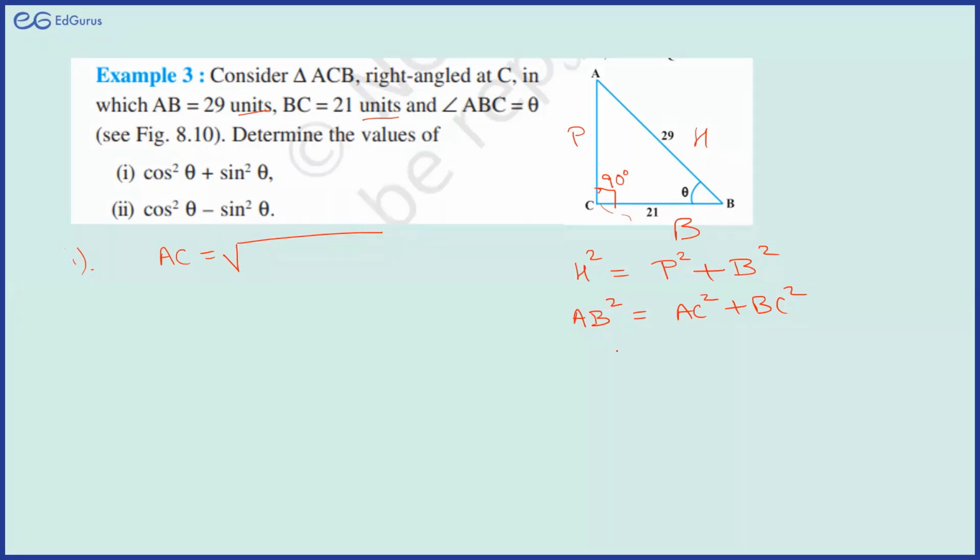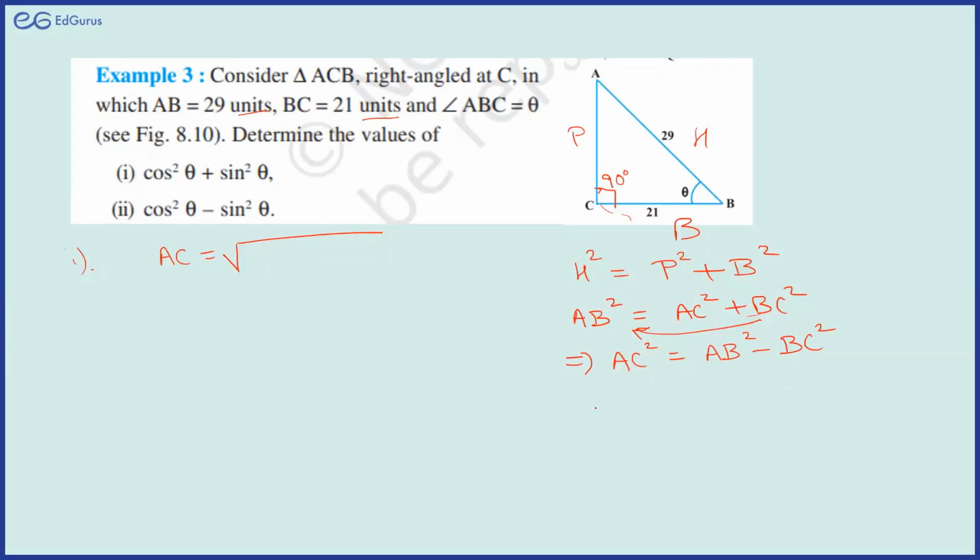So now AB square is equal to AC square plus BC square. So this implies AC square क्या होगा? AC square will be the BC square, now you take it on the other side. What will it become? Now minus BC. Minus. So क्या होगा? AC square will be AB square minus BC square.